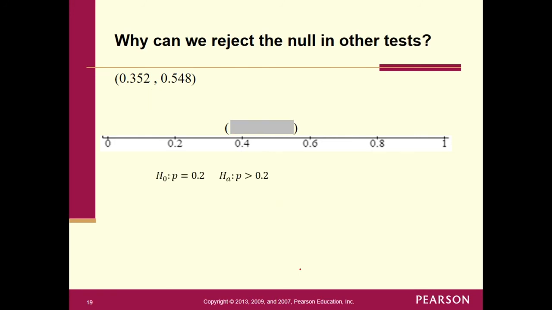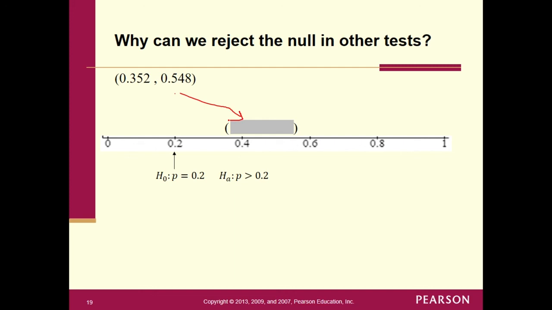Well, let's do this. Instead of testing 0.4, let's say that we tested if P was equal to 0.2 versus greater than 0.2. All right. So 0.2 is right there. Okay. What's our possibility for values right now for the population proportion P? It's still in the gray box, right?